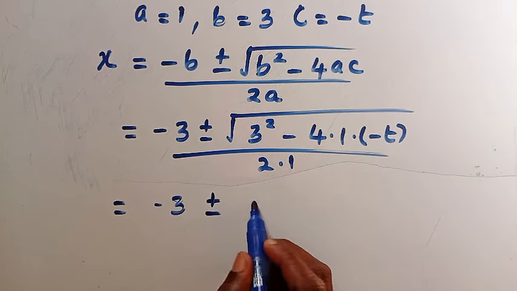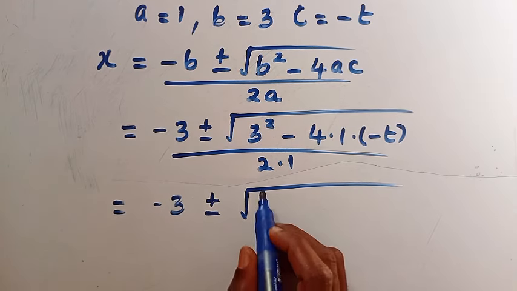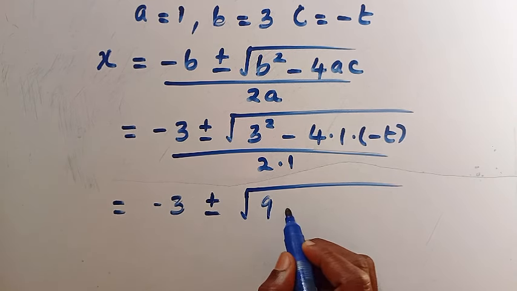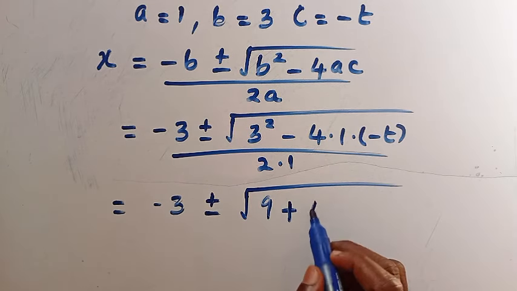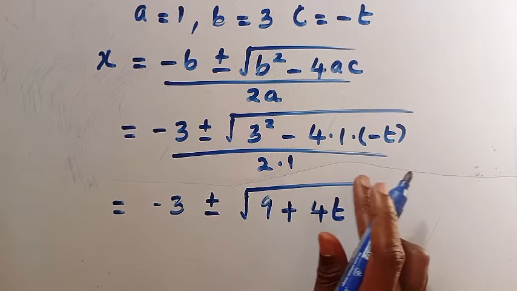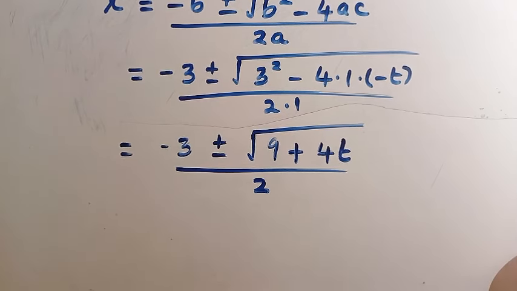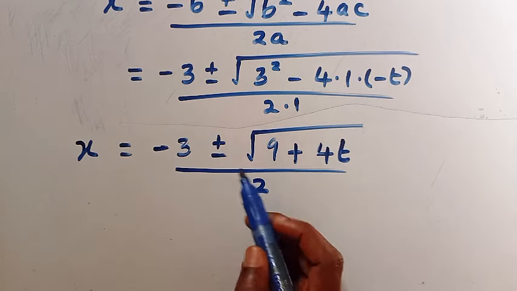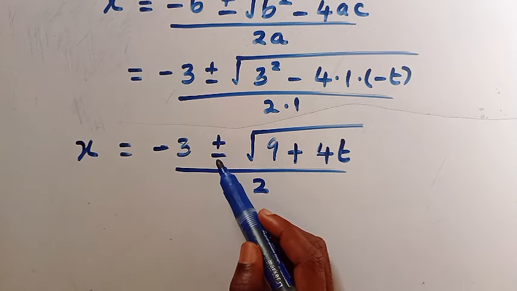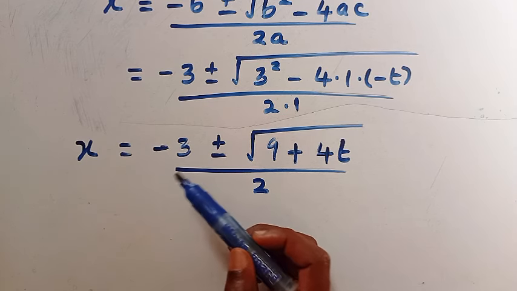Minus 3 plus or minus the square root of 3 squared as 9 minus minus times minus, that is plus, then 4 multiplied by t, we have it as 4t, all divided by 2 times 1, that is 2. And all this is the result of x equals this. But from here, we have plus or minus. We are going to consider which one will be for the value of x.